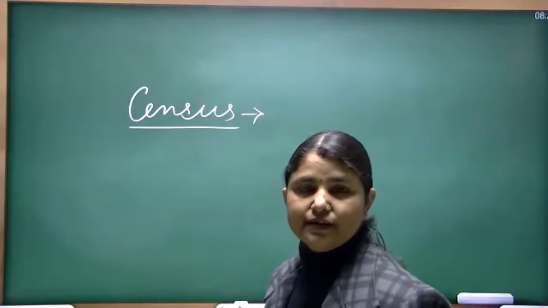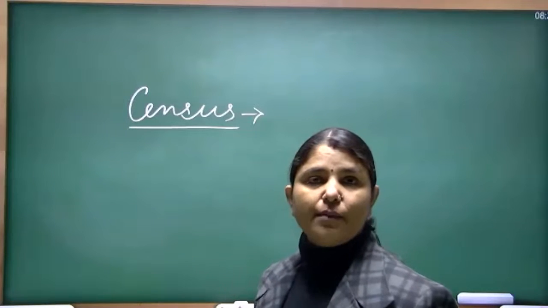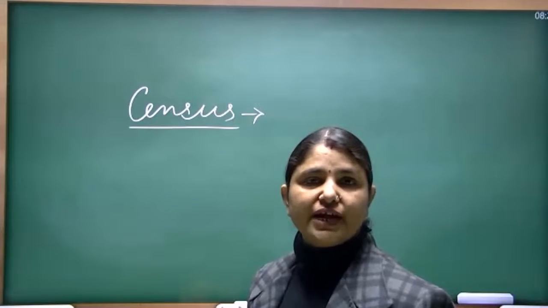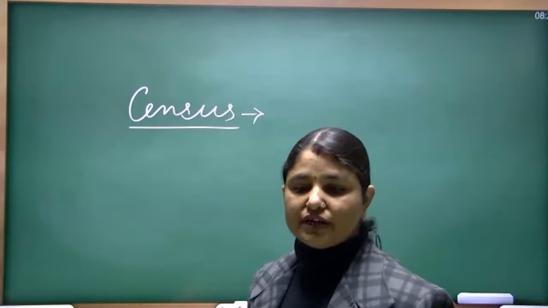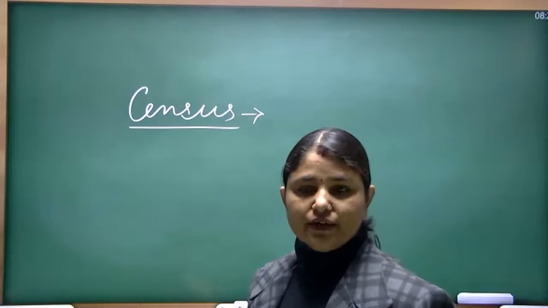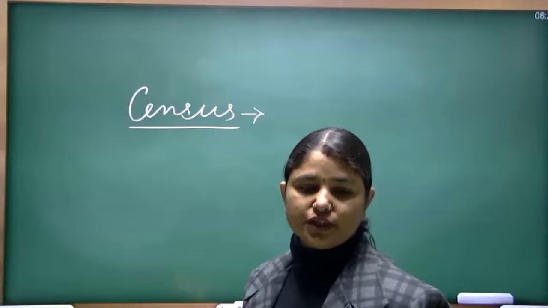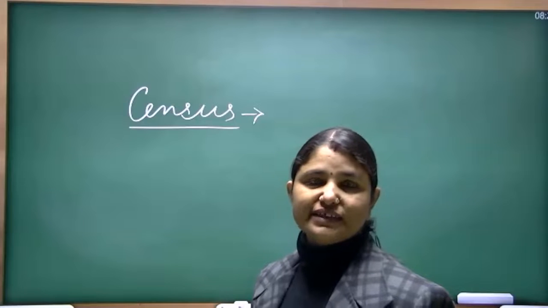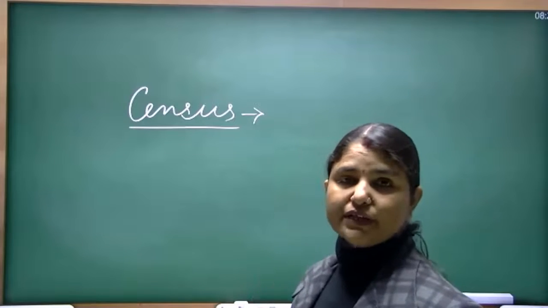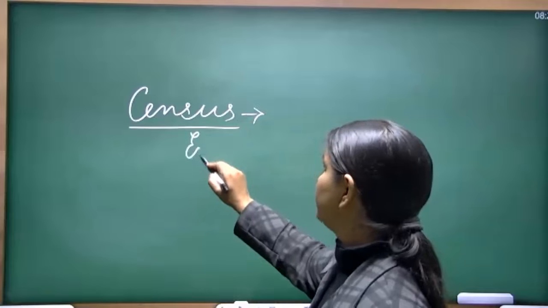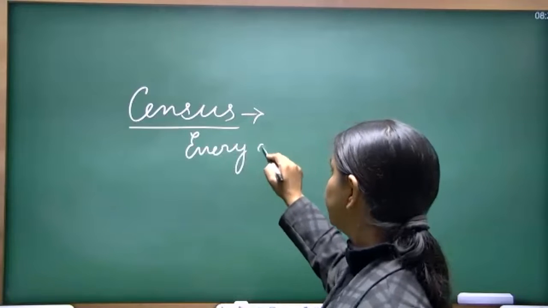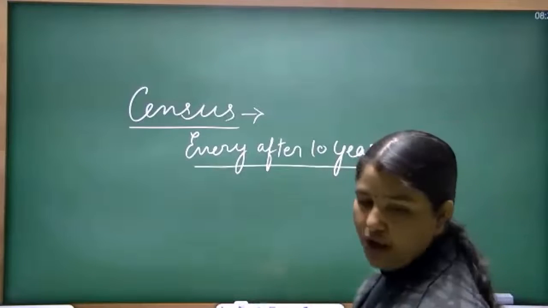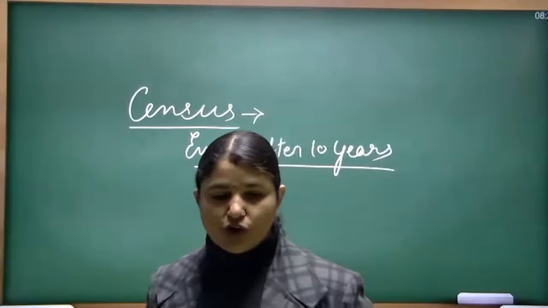In that, we can find out about our religion, gender, caste, literacy, all that the government knows. And census happens in the country every 10 years. So I hope up to here things are clear to you all.